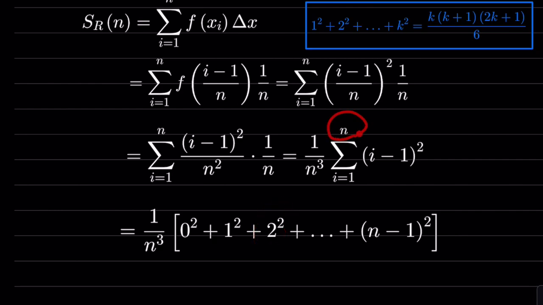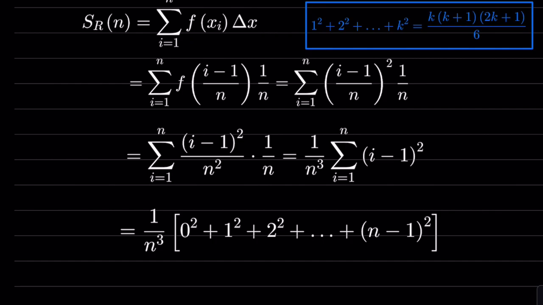The last number you get will be when you replace i by the largest number, n, so the last number will be n minus 1 squared. So the sum from i equals 1 to n of i minus 1 squared refers to this sum: you want to add up the squares of natural numbers starting from 0 all the way to n minus 1.